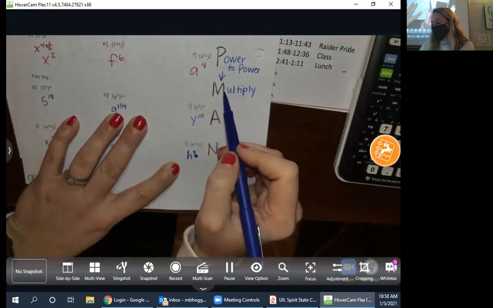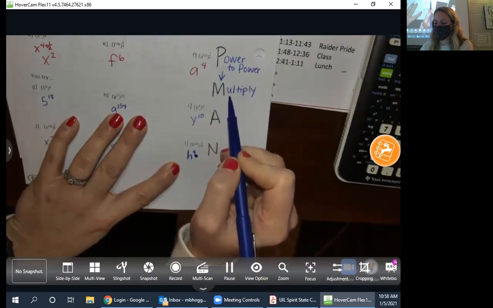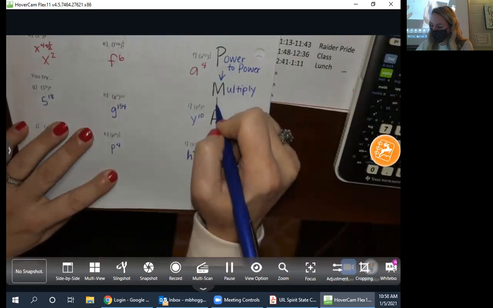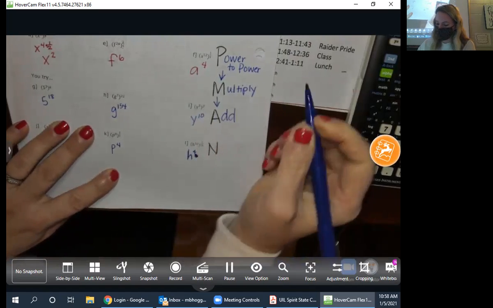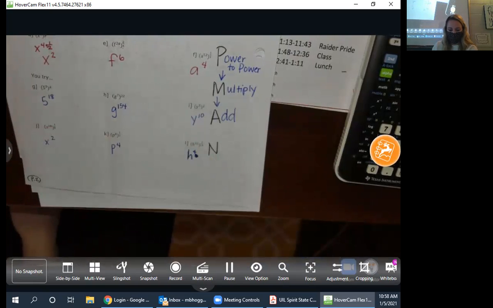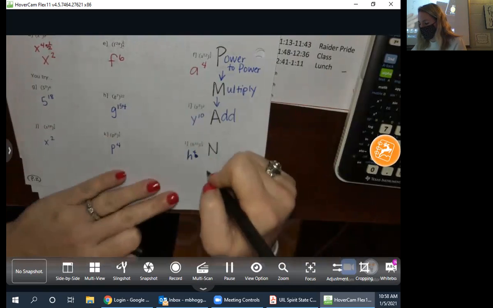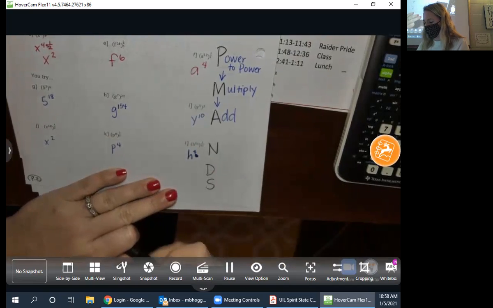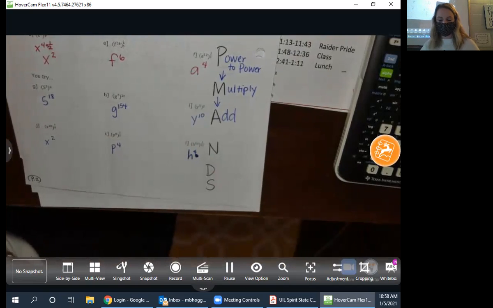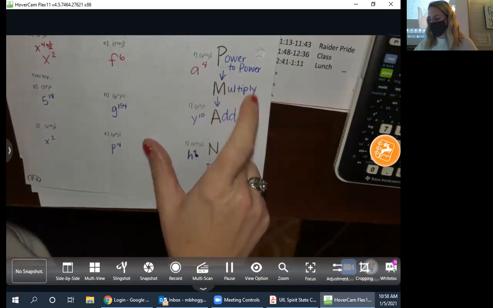And if you see multiplication happening, with our rule 1 we did, you add your exponents. So we've already learned the P, the M, and the A, and then tomorrow we'll talk about the N. And actually, we put N, D, S on ours. PMANDS, like a Nintendo DS. That's what I think of. So power to power, you multiply. If you're multiplying, you add them.